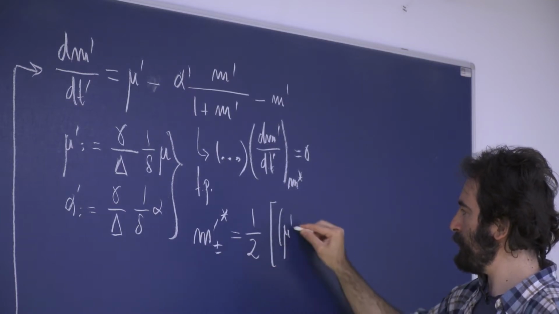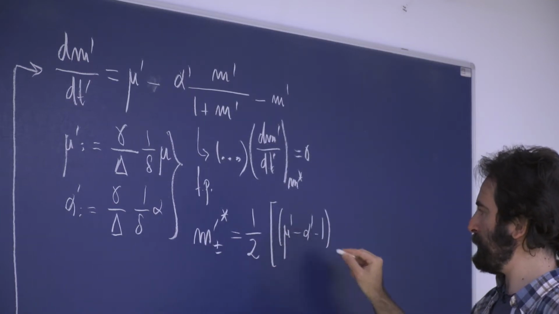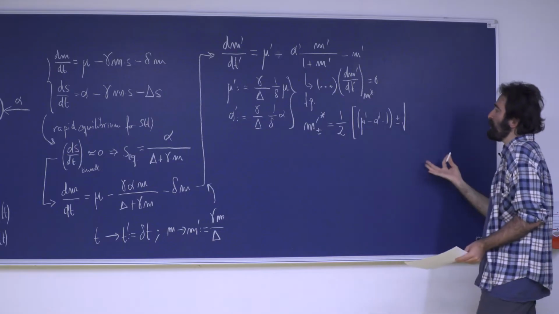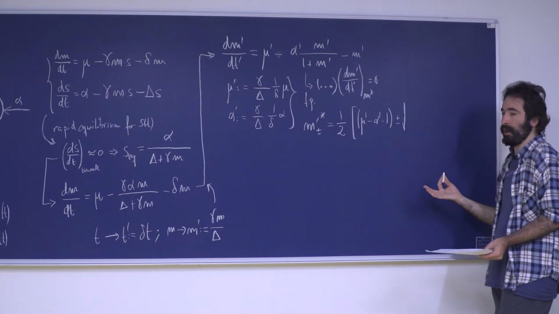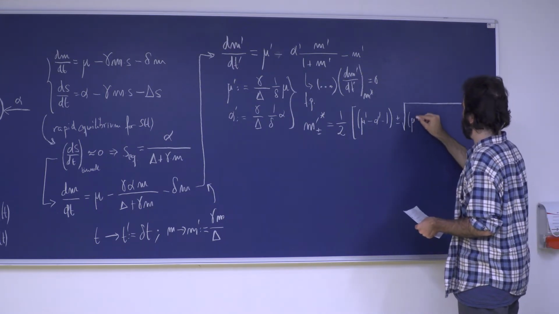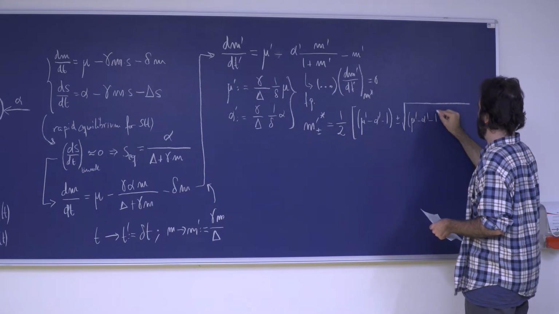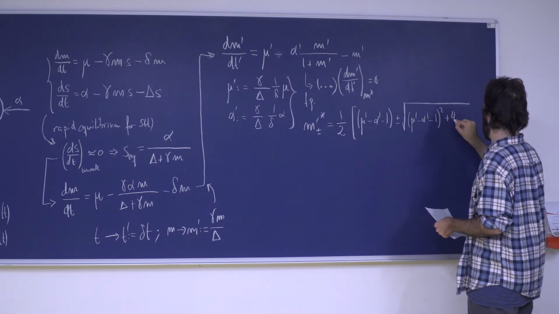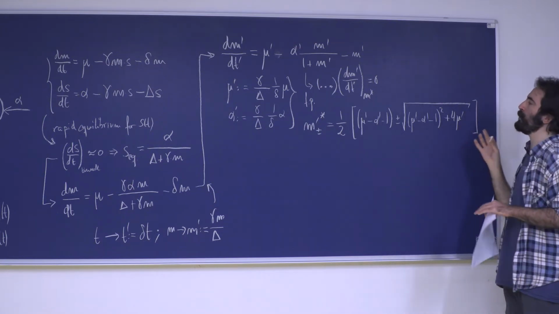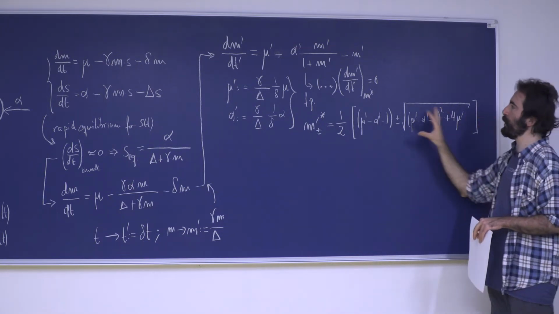You're going to get this term here, plus or minus. Notice that this is actually stemming from a second-order equation. Plus or minus, and here we have mu prime minus alpha prime minus 1 squared plus 4 times mu prime. Imagine that we wouldn't have started by reducing all the variables, right?